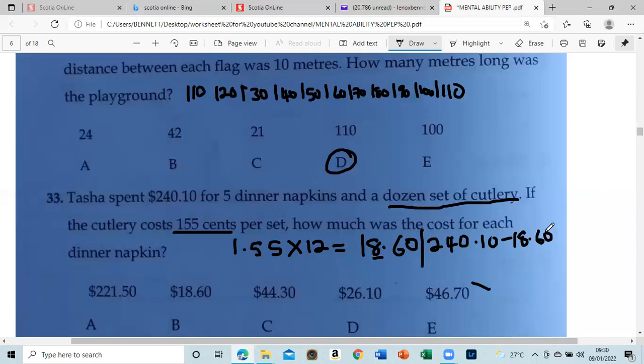Alright, so it's 240 minus 18 and 60 cents. That gives us 221.40. We're supposed to divide by 5.